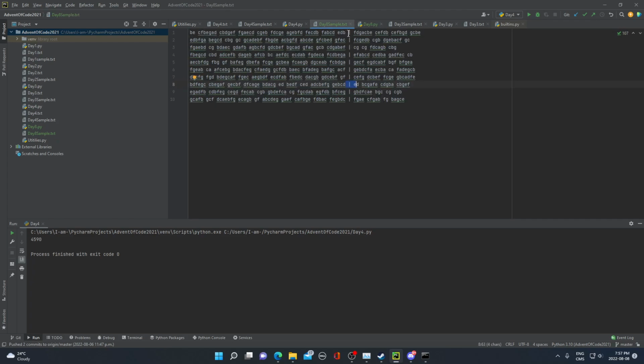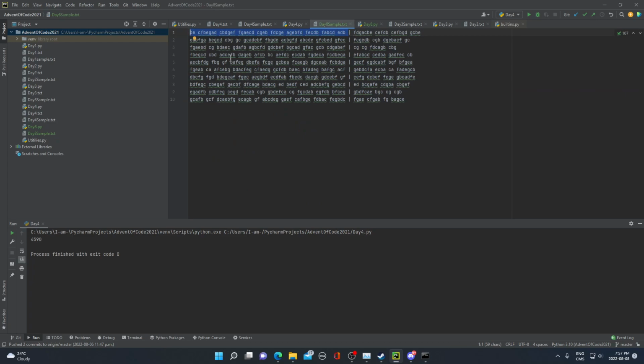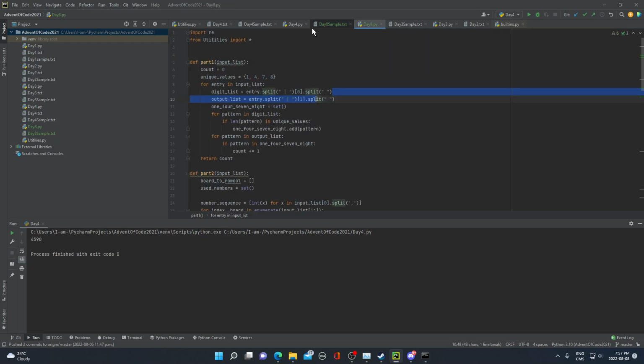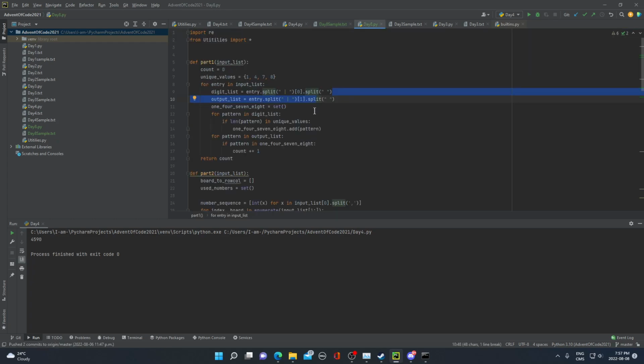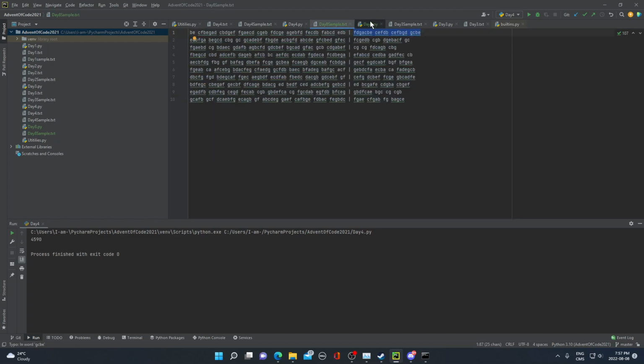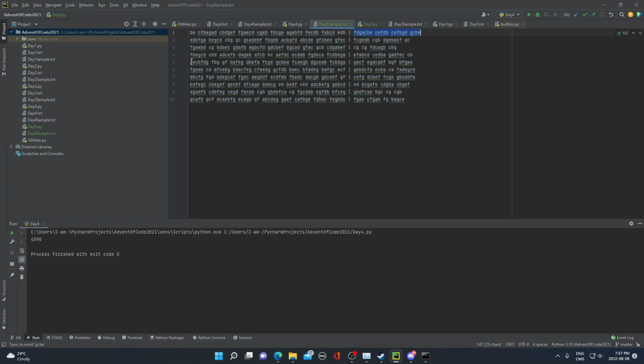Take the first entry after you split it, split it again to get the list. Take the first element of the split, take the second element of the split and split it again. Look at the output list. This length check should work because you're splitting it correctly.